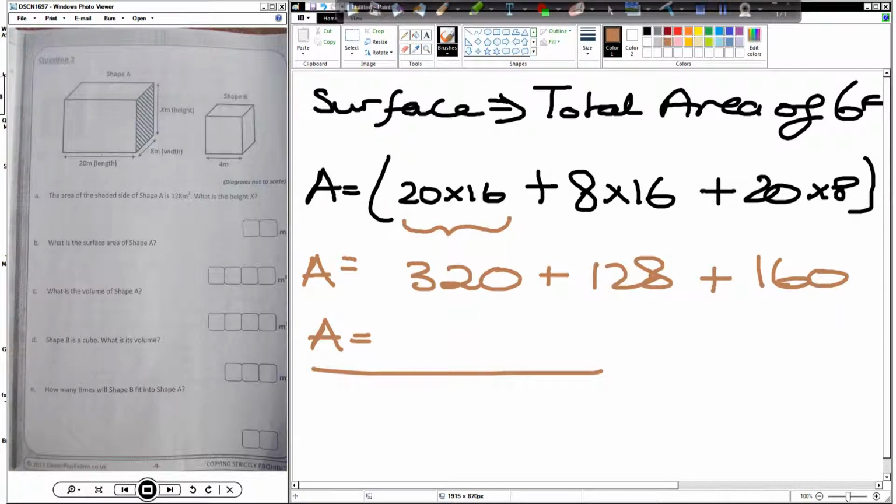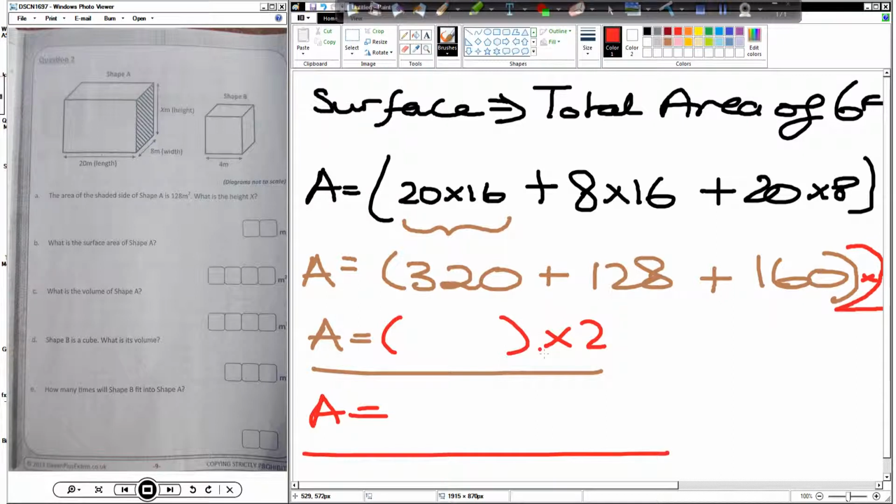Okay, and don't forget, after we've done that, we missed out one little bit. What's the key thing we've got to do to it? We have to times it by 2. Because we're working out the area of what we can see, and what we can't see is the other half. So all of these times by 2.